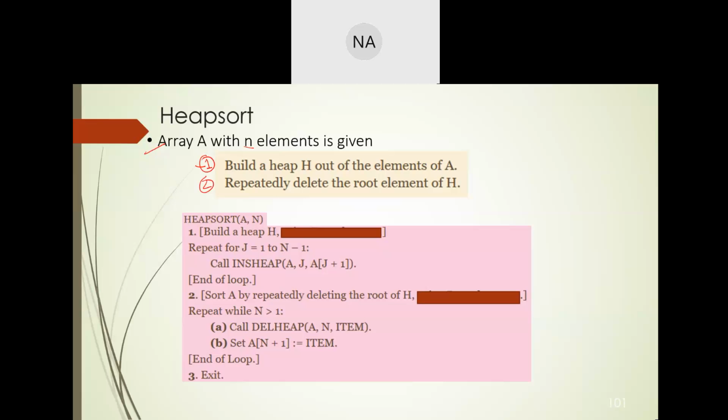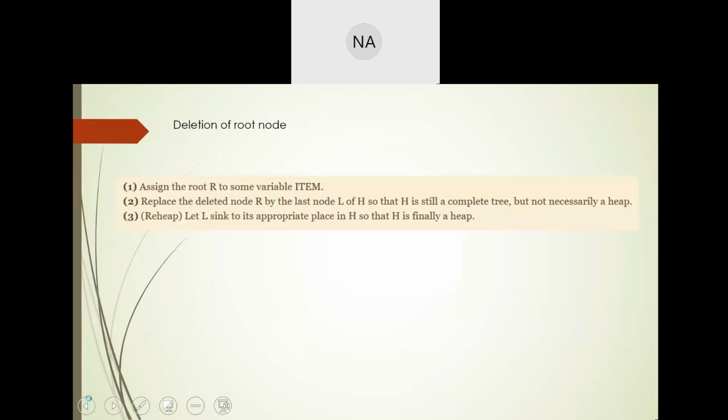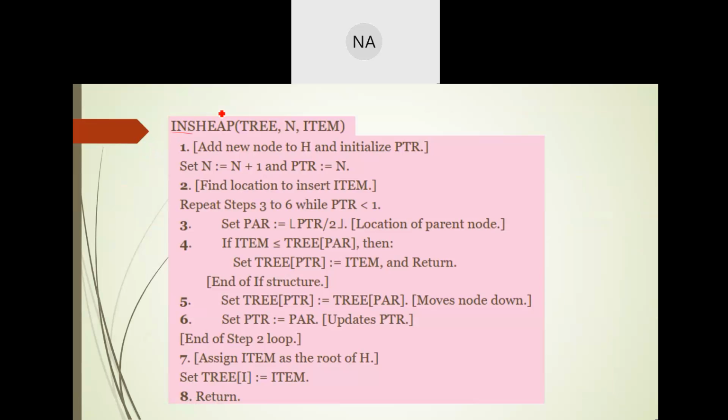So the heap sort algorithm is simple and it uses the insertion and the deletion algorithms in the heap that we discussed in the previous lecture. This is the insertion algorithm, which inserts a new element item into the heap tree containing n elements.